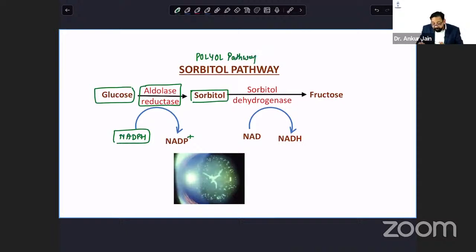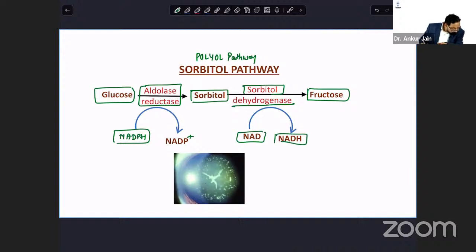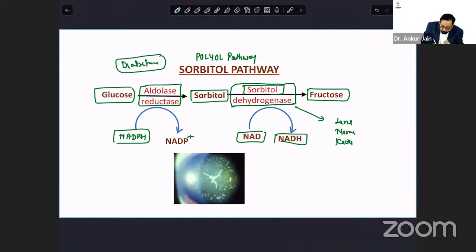Now, sorbitol is converted to fructose by sorbitol dehydrogenase. In this, NAD is converted to NADH. We found that in lens, nerves and kidney, this sorbitol dehydrogenase activity is less, and in diabetes, blood glucose is high.